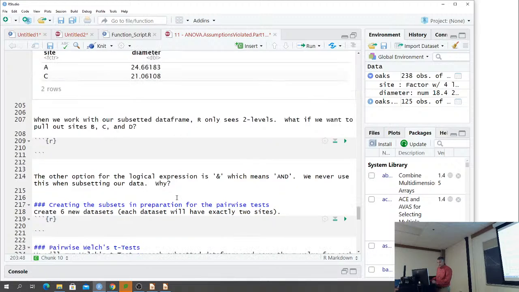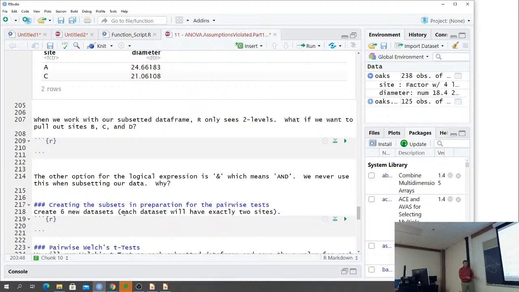So what I want you to do is go ahead and create the subsets for each of the other groups. And we're doing pairwise comparisons. So you have your A, B, C, and D. We need AB, AC, AD, BC, BD, and then CD.